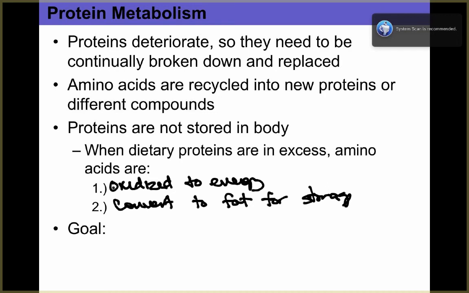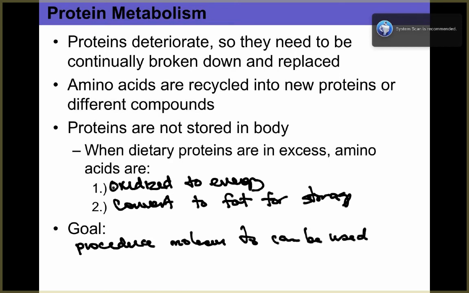So really the goal here is to produce molecules that can be used for energy in the citric acid cycle, or converted to glucose.